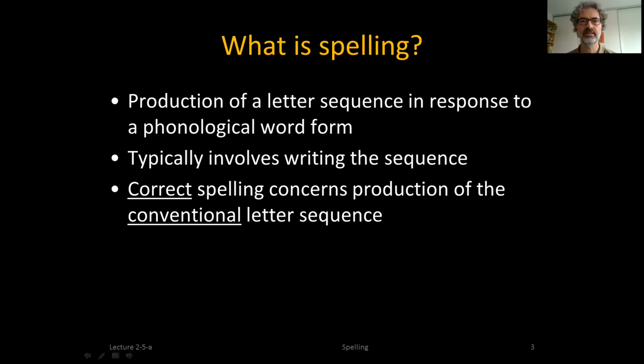Each word has a conventional way. This is defined at two levels. So one set of conventions concern how phonemes and graphemes map onto each other. And if those conventions are followed, then a word can be spelled in such a way that is phonologically correct. But that's not all.